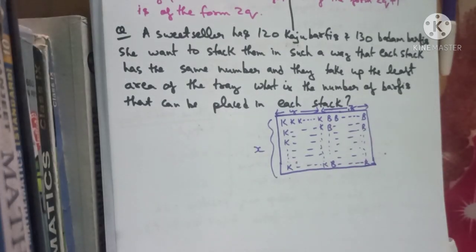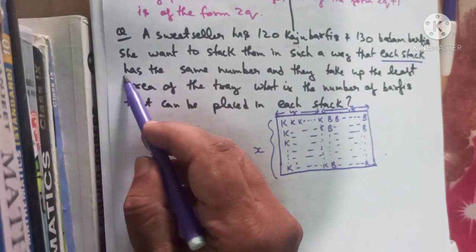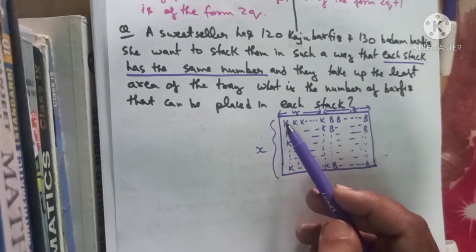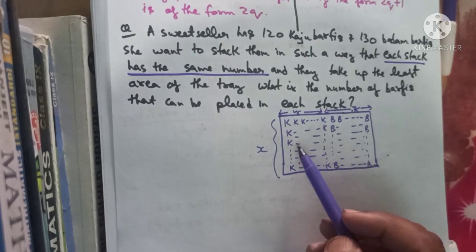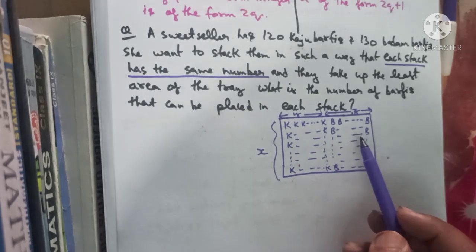The question says she wants to stack them in such a way that each stack has the same number, which means the number of columns must be the same.